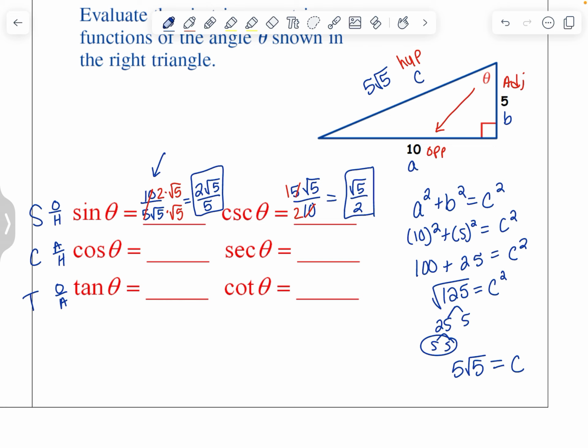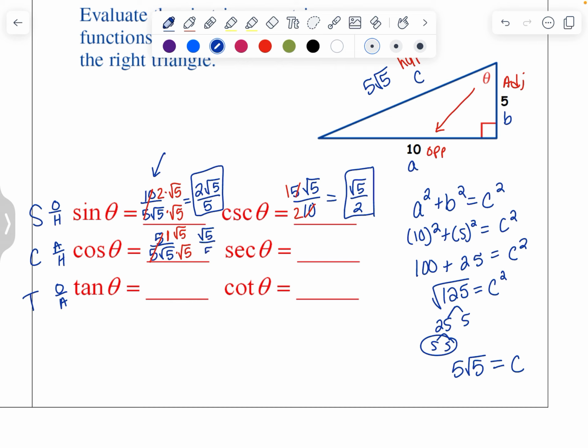Cosine is adjacent over hypotenuse, so 5 over 5 square roots of 5. Again, we can simplify: 5 divided by 5 simplifies to 1, and then rationalize, and we get square root of 5 over 5.